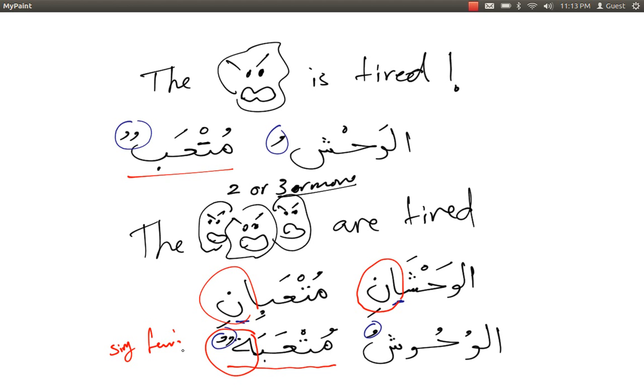So basically, if we're talking about dogs, cats, monsters, objects in general, like doors, windows, pens, once they are 3 or more, the piece of news or the adjective becomes in the singular feminine form.